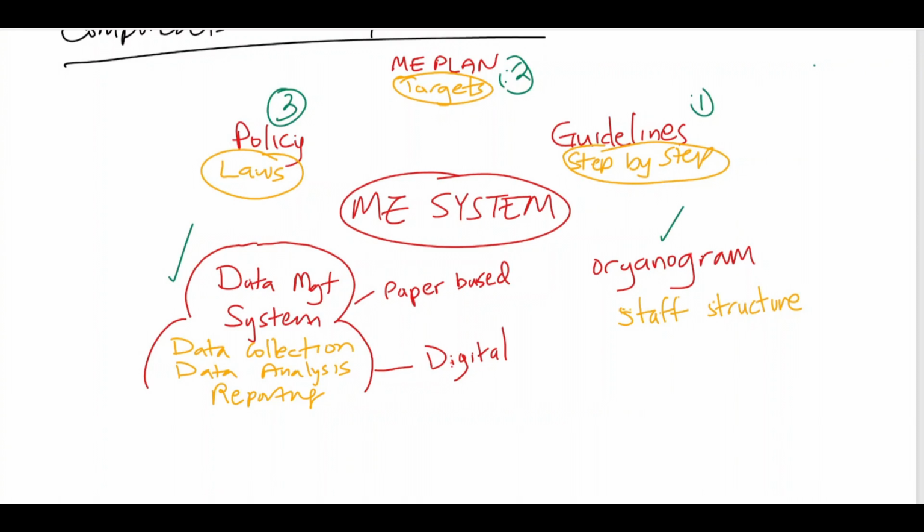For obvious reasons, the organogram will depend on how much the organization is willing to commit in terms of funding. And the data management system is dependent also on whether you want to go paper-based or digital. If you go the digital route, you might need to engage an IT company, a consultant, who can come and set up computer systems and networks in your organization to facilitate this process.